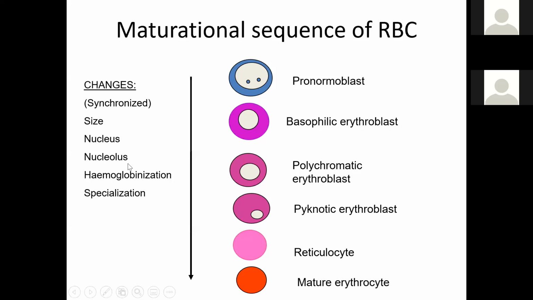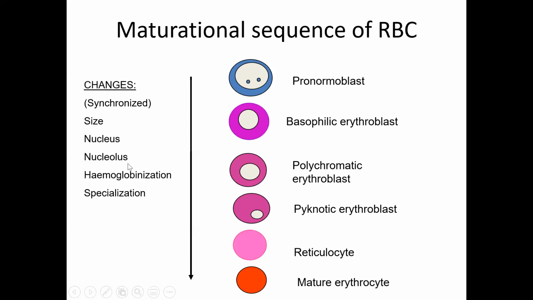There will be gradual hemoglobinization of the red cell, and we will notice this in the coloration of the red cell. And then finally, this red cell is specialized for its functions.